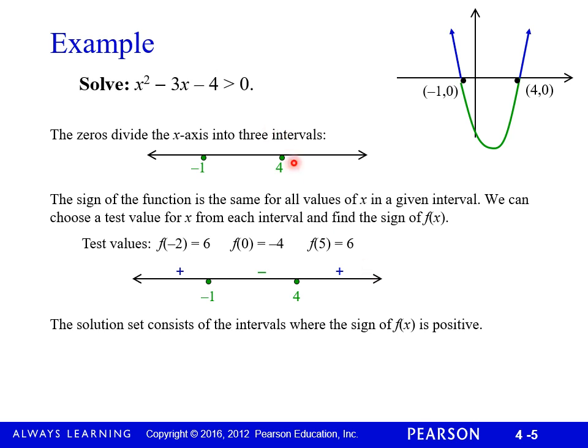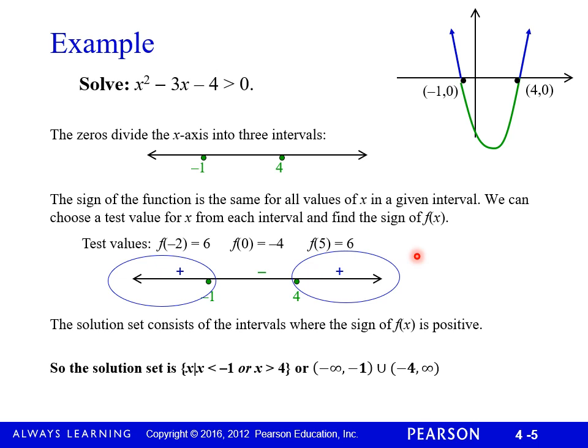Now, the solution set consists of the intervals where the sign of f of x is positive, because remember the equation asked us, where is this function greater than 0? So it's asking us, where is this function positive? Well, we can see it's positive between -infinity and -1, and between 4 and infinity.